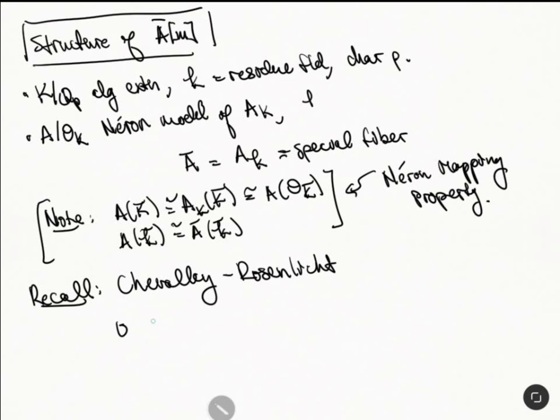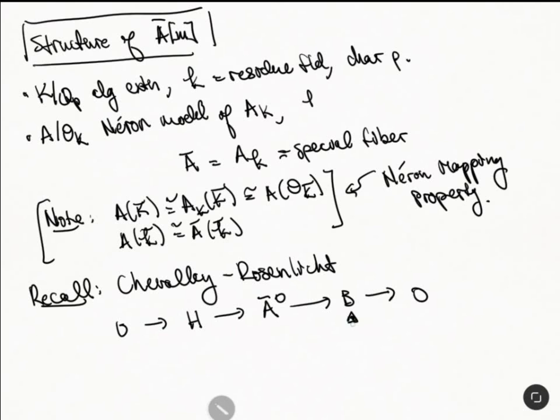So we have the following: if we take the connected component of the identity of the group scheme at the bottom, there exists an extension like this.